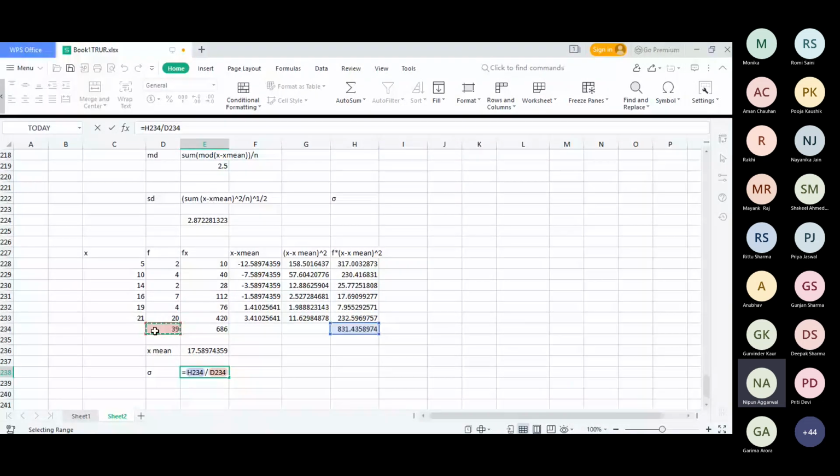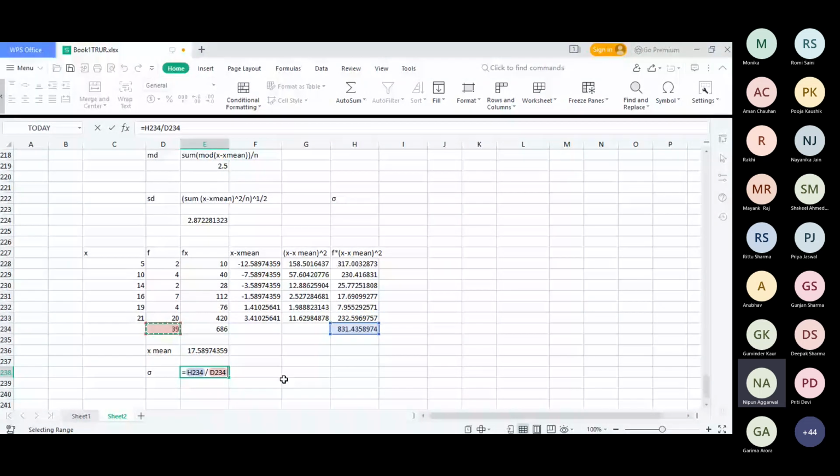Sorry. So we have calculated the square of x minus x mean, then the sum of f into the square of x minus x mean. We have to multiply this with f, because this variation is not once, it is two times, it is four times, it is again two times, and so we get 317.230, and this is the total variation. So 831 becomes the total variation, divided by the number of elements, that is sigma f.